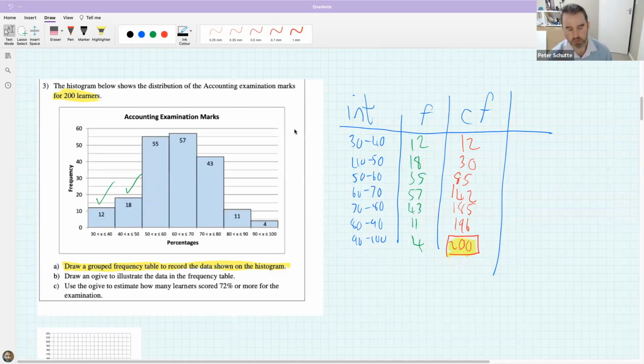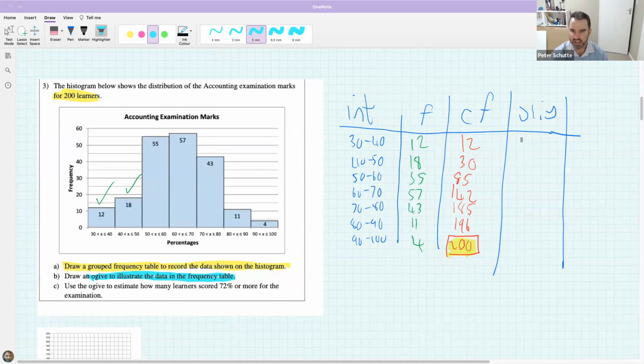All right, now, in order to draw an ogive, the next question is, I have to draw an ogive to illustrate the data in the frequency table. Now, what I did before is I added an extra point. And what this point was, is it was made up of the items that go onto my ogive. And the thing that you need to remember is what?